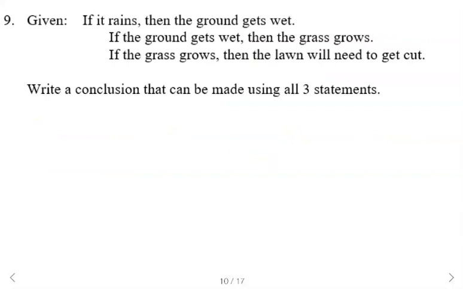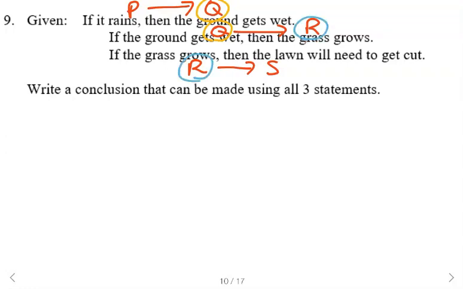Number 9, we've got an if P then Q. If it rains, then the ground gets wet. Then we have an if Q then R, so a new statement. If the ground gets wet, then the grass grows. And then we have an if R then S. As long as the conclusion of one matches up with the hypothesis of another, you can put them together.